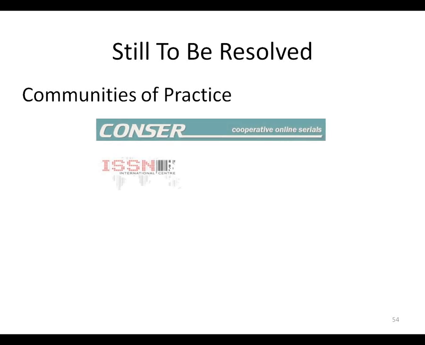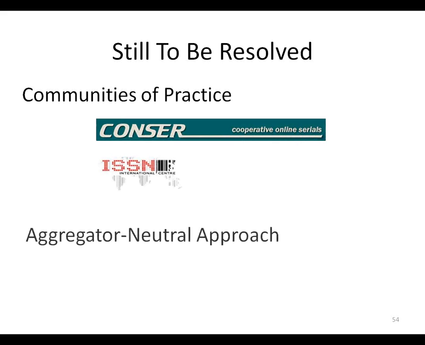Still to be resolved, RDA allows for communities of practice to develop other practices that are supplemental to RDA. And I'm going to suggest that the CONSER folks are going to be the primary lead on that in the serials cataloging area, and to a lesser degree the ISSN Center.